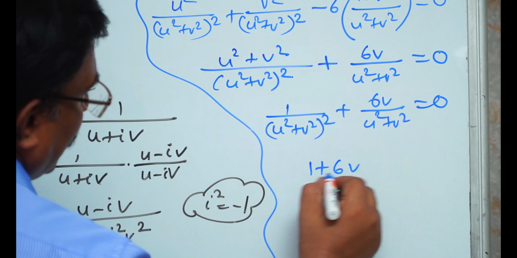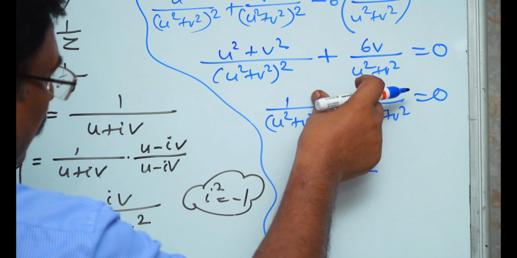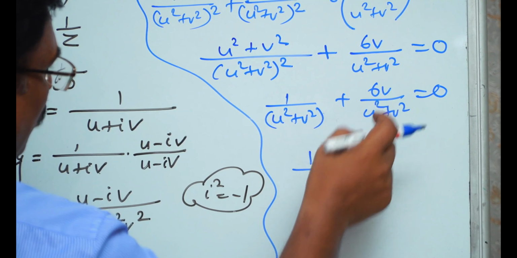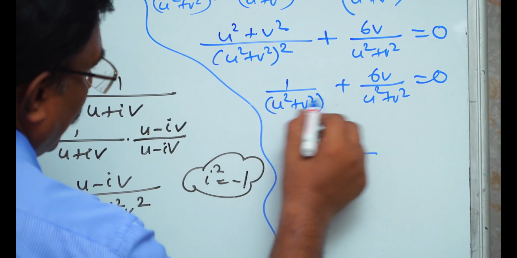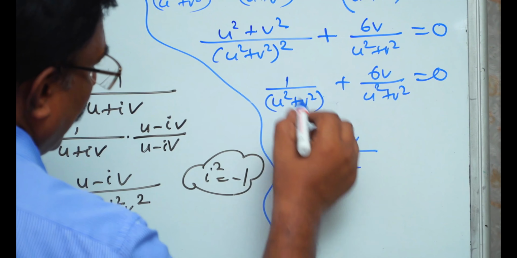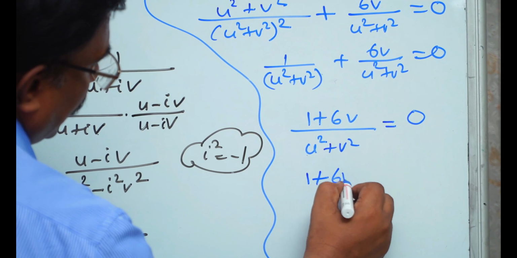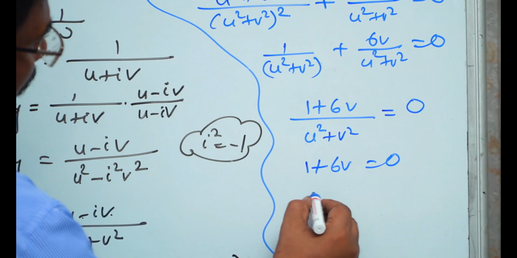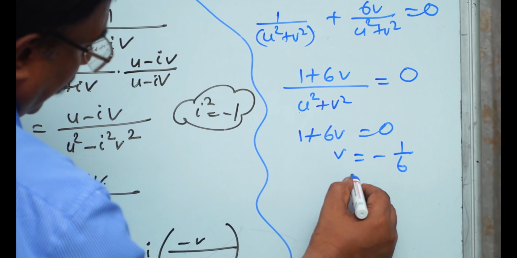Clearly, here one time cancel, so I can write u square plus v square alone. By LCM, u square plus v square, we can write 1 plus 6v in the numerator equal to 0. By sending this u square plus v square to that side, we get 1 plus 6v equal to 0. Then v is equal to minus 1 by 6.